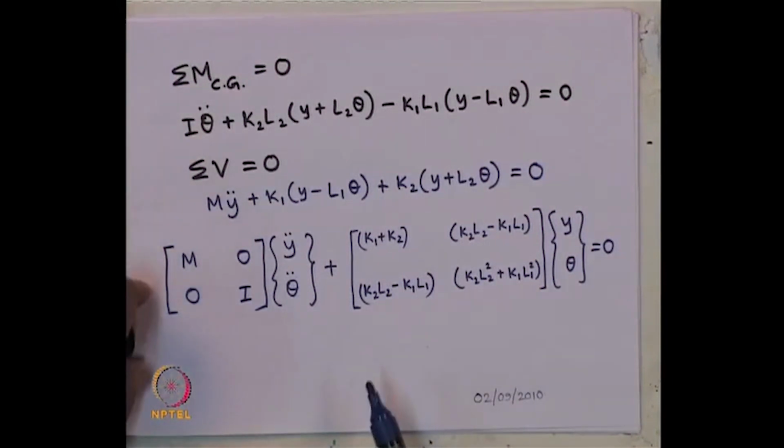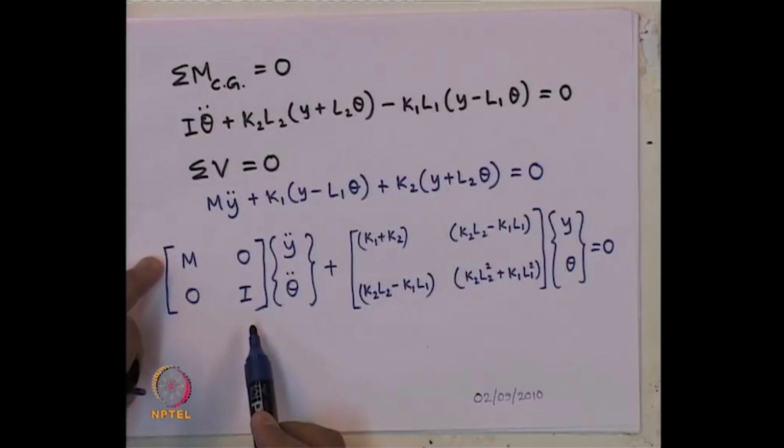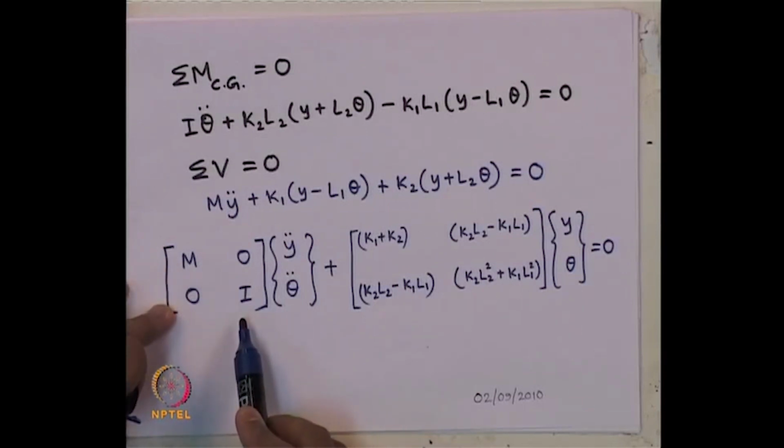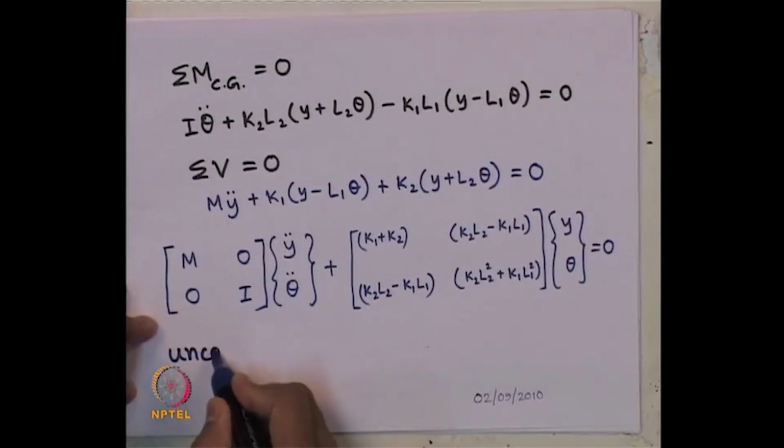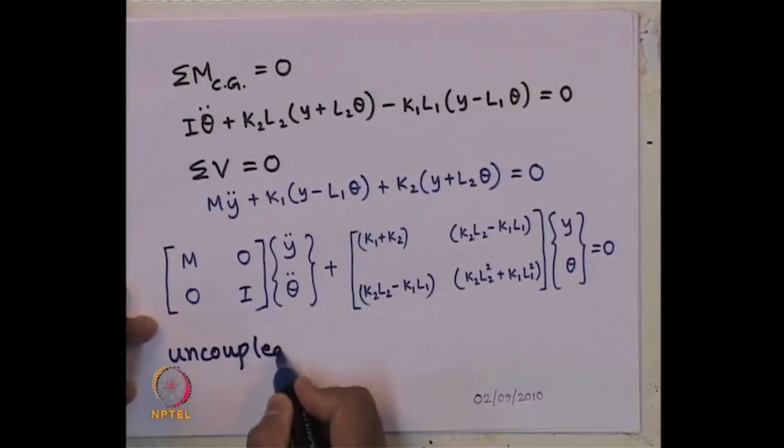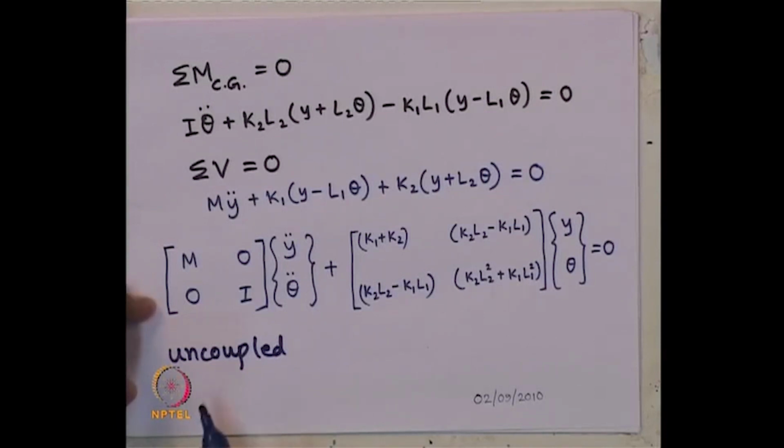So, what does it mean? Finally, for this case, when the rotational axis passes through the center of gravity, we got the mass matrix. This is the mass matrix, which is uncoupled. Why is it uncoupled? Earlier we mentioned we call it uncoupled if, other than the corresponding degrees of freedom, all other entries are 0.